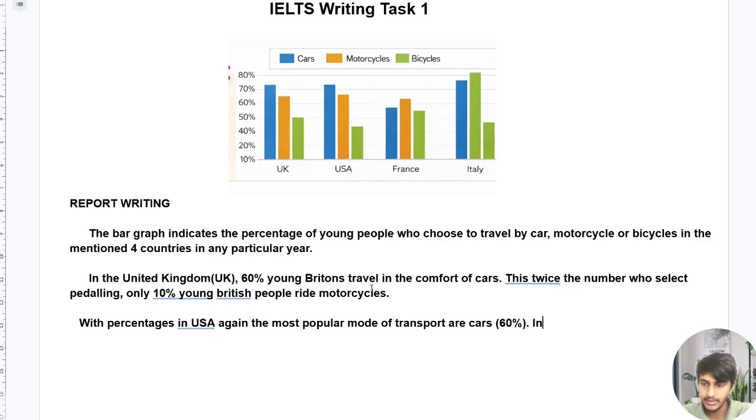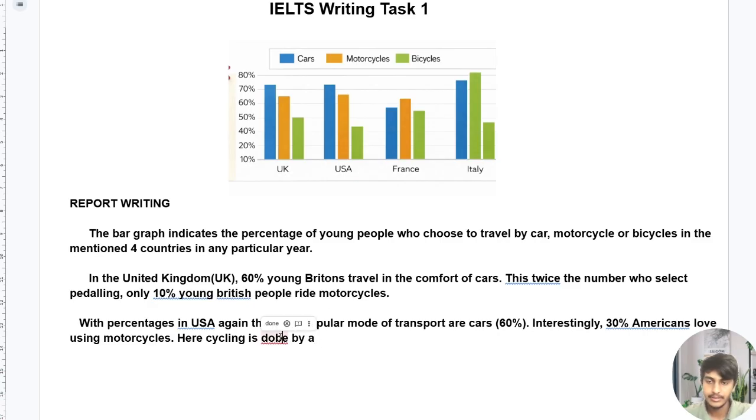And interestingly, 30%, Americans love using motorcycles. Here cycling is done by 10%.